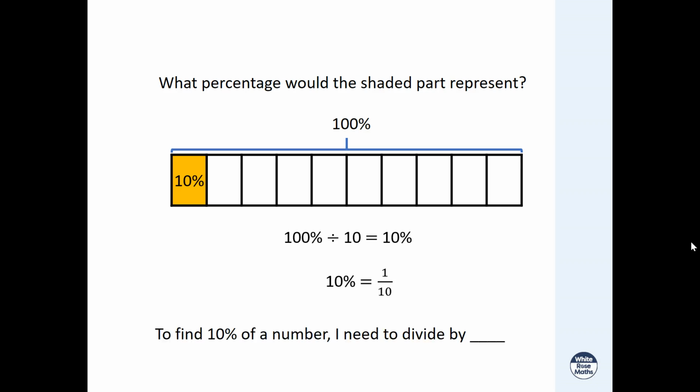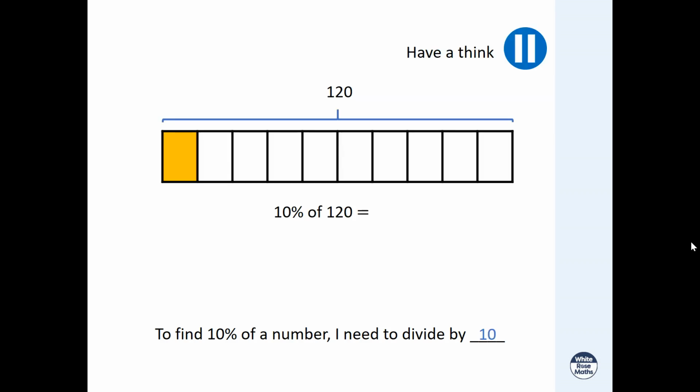So to find 10% of a number, I need to divide that number by 10. So if my bar represents 120, to find 10% of that 120, I need to divide it by 10. So 120 divided by 10 is 12.